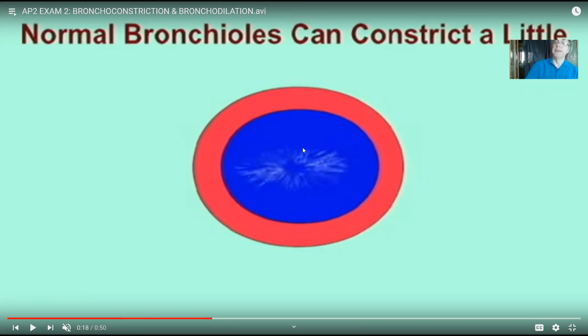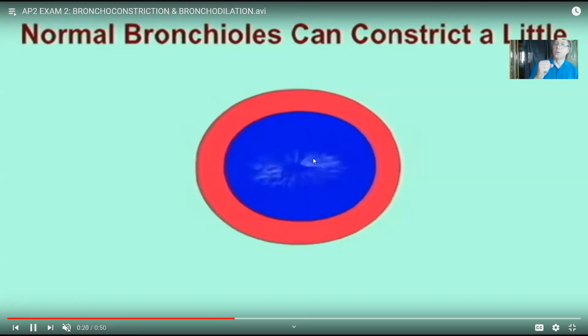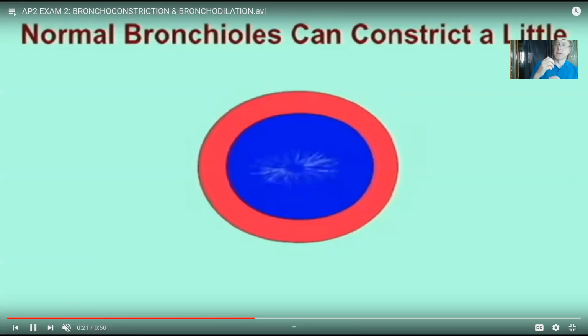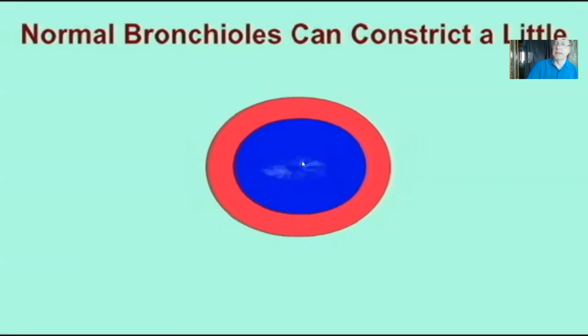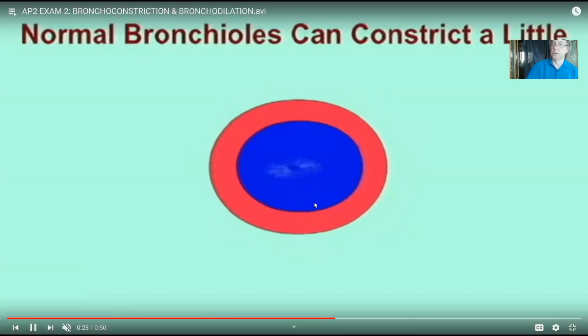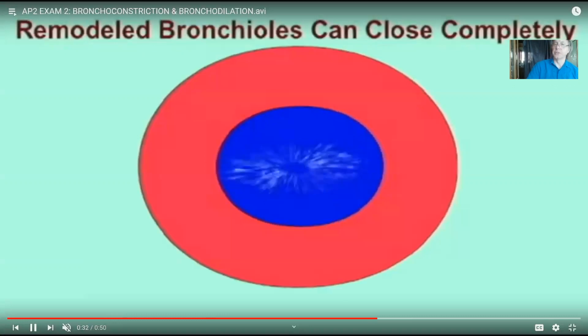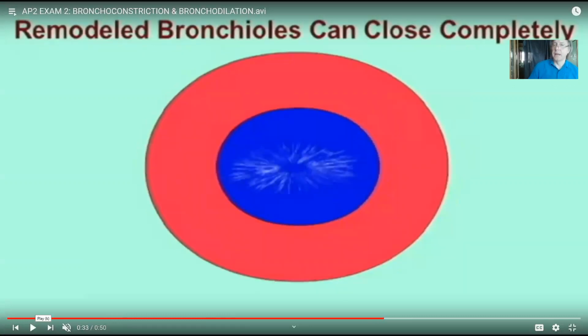We saw that there was vasoconstriction and vasodilation. Here, too, in the lungs, we see that there is bronchoconstriction. So the smooth muscle can constrict, and this will make the lumen of the air passage smaller. And in the same way, we can have bronchodilation, which would then expand the respiratory passageway.